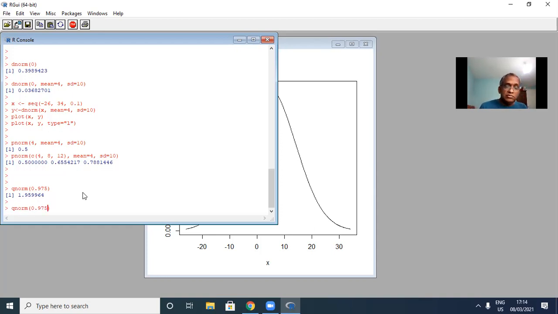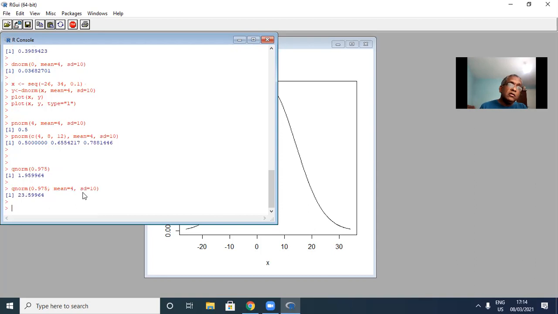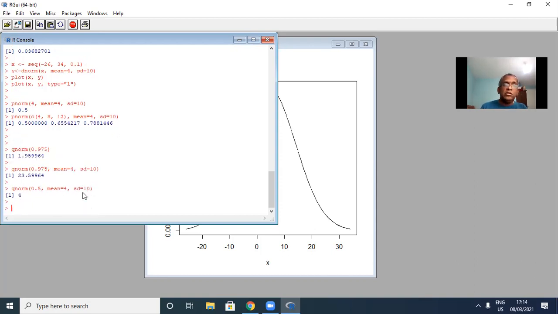And if you do specify them, like here, for example, you get this. And if you want the median, it will be this, because remember, the median and the mean for the normal are the same. So the median for a normal must be equal to 4, which is the mean.